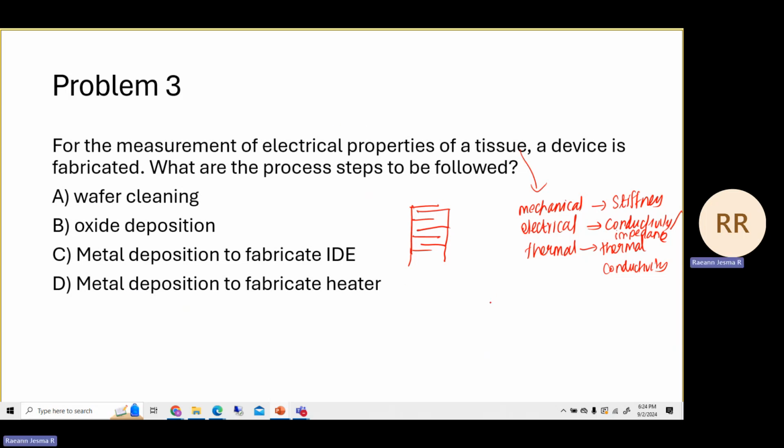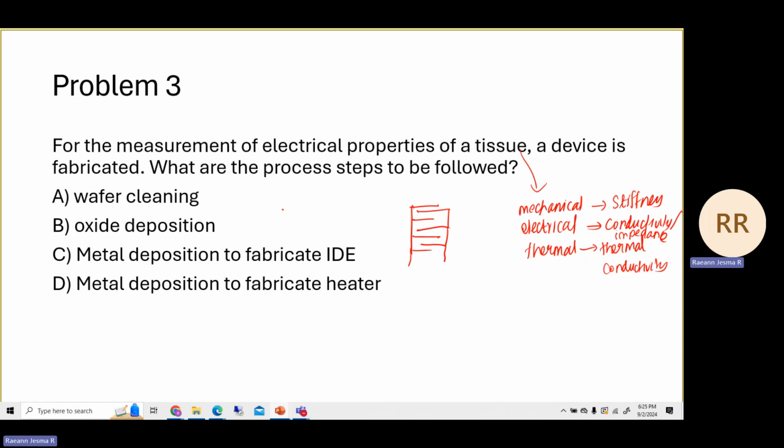Fabrication is a certain sequence of steps which we follow in order to get a device. First we always start with cleaning the wafer because we want to remove all the contaminants present in the wafer.